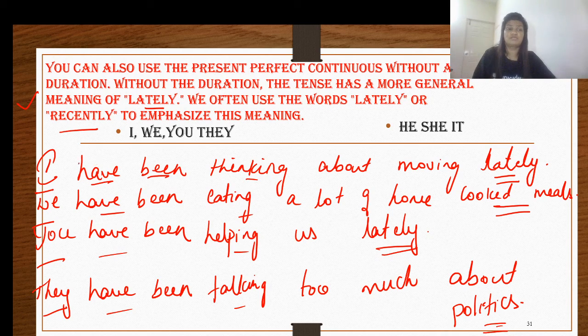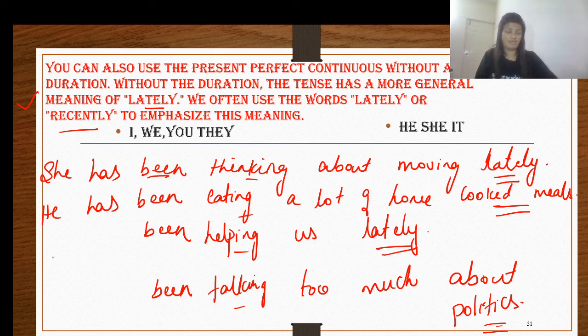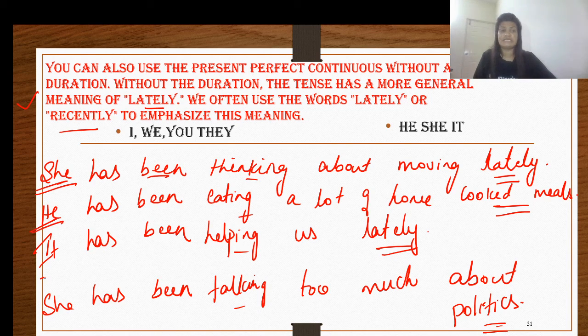What about the subjects she, he, or it? The verb changes along with the change of the subject. So with she, he, it, we use the s verb, which is has.